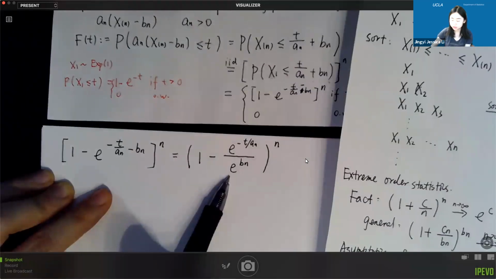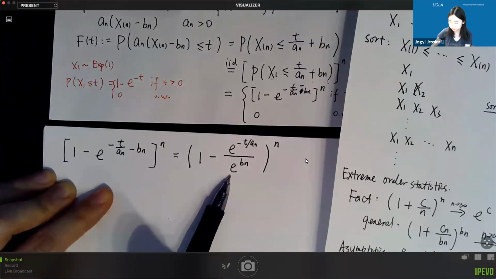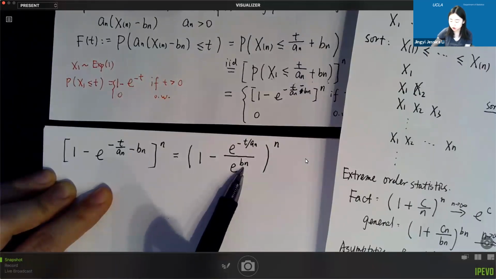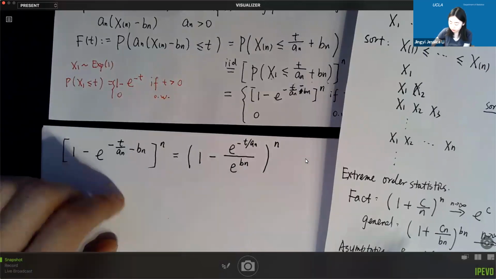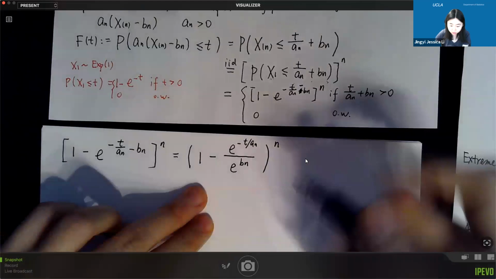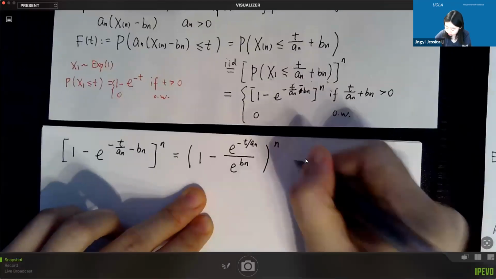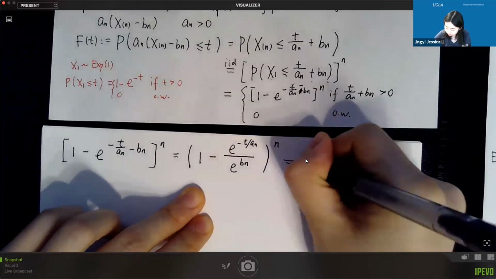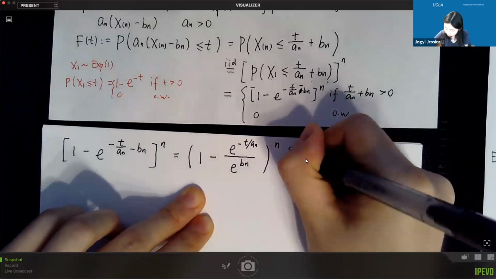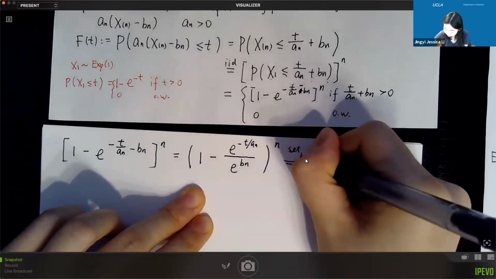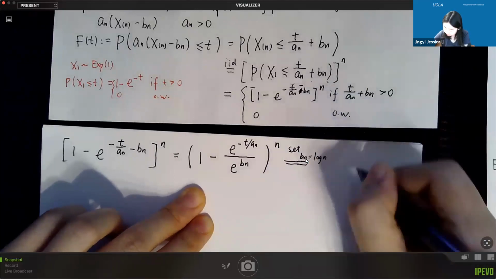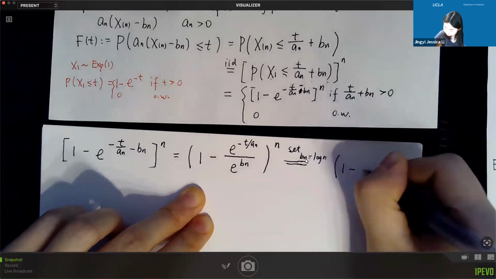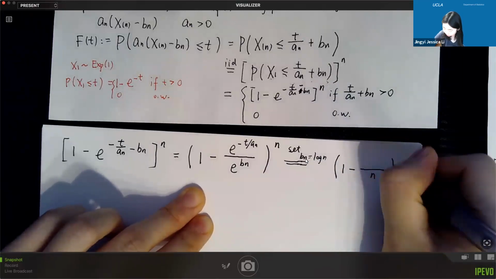One thing that could be interesting is if we set b_n to be log n, then the denominator would become n. So if we set b_n to be log n, what happens is that it becomes 1 over n, to the power n.